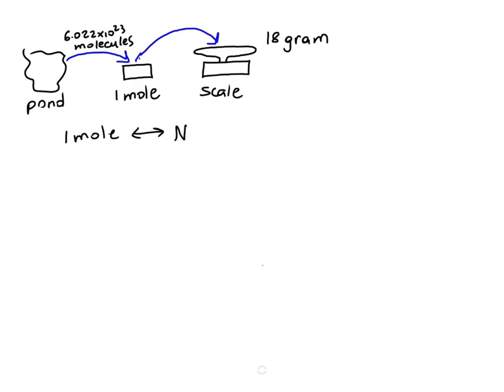We can just write it as Avogadro, because it's Avogadro's number, just for simplicity. And that is also equal to a molar mass. So this is kind of standard. You always have to keep this little cheat sheet in your mind each time you try to solve stoichiometry problems. Now, it is saying that per 18 gram we have 1 mole.